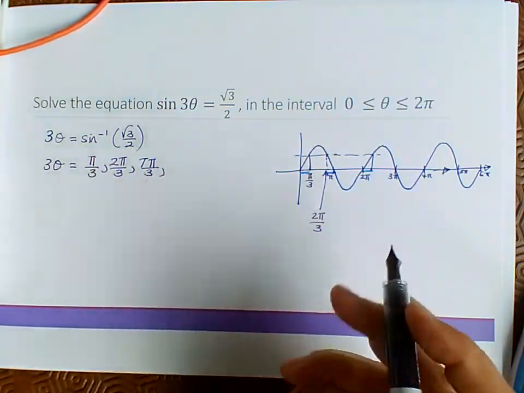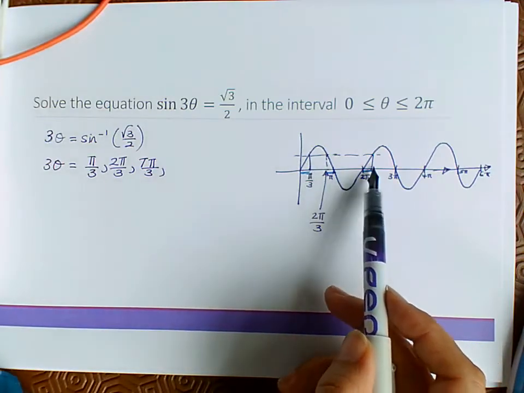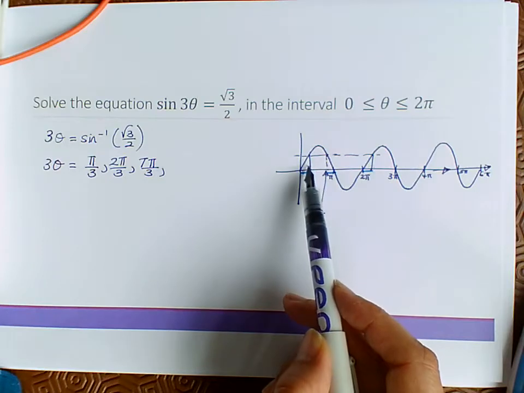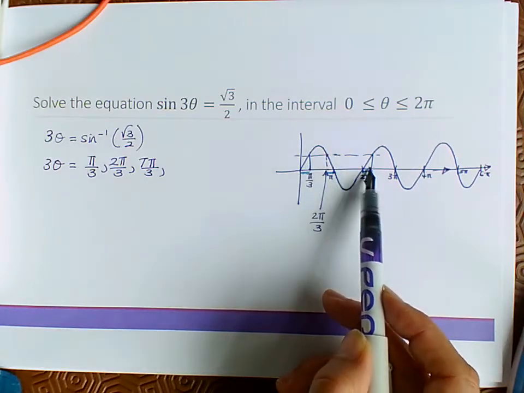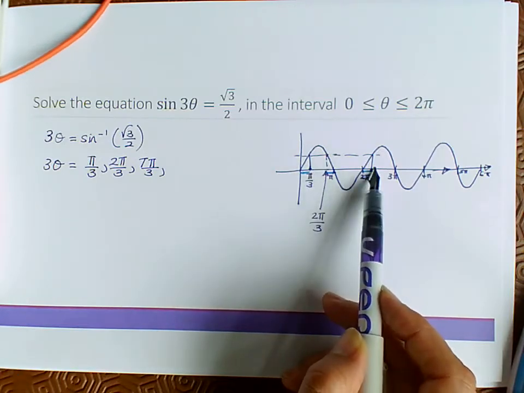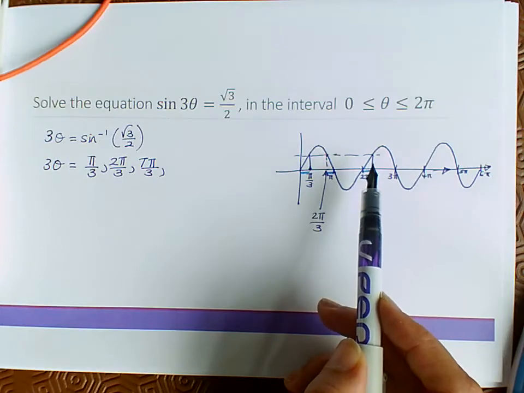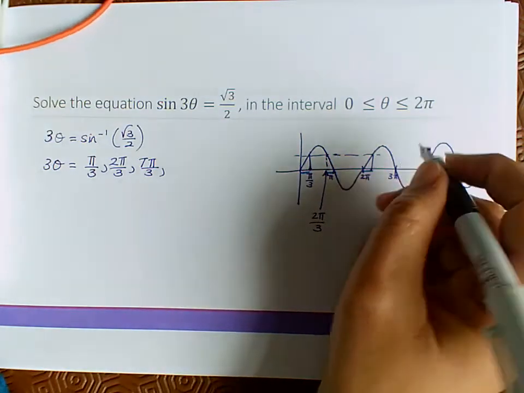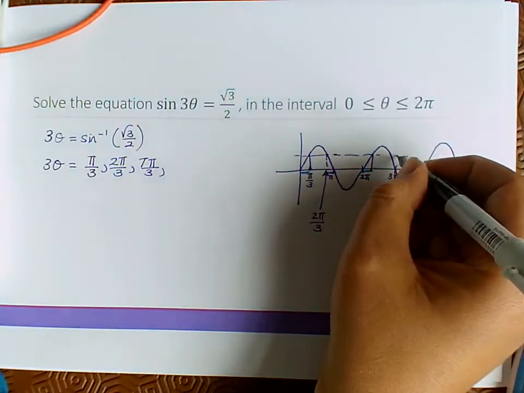And if you think about it, when it's repeating 2 pi later, that's like adding 6 pi over 3, because 6 pi over 3 is the same as 2 pi. So you can think of that as well. Then it happens again here.